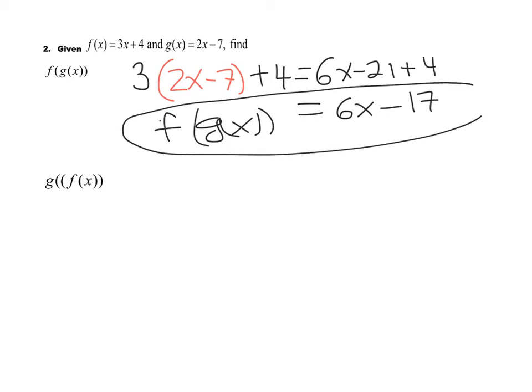So f of g of x is equal to that. Then the next one I do is g of f of x. I take the g function, so this is going to be 2, and instead of x, I'm going to plug in f of x.